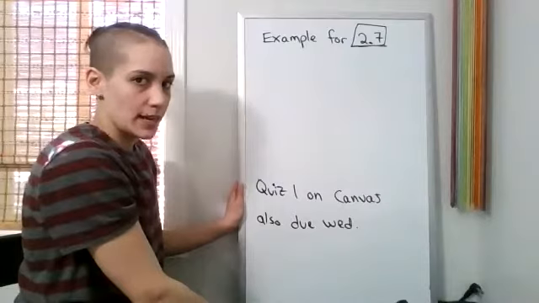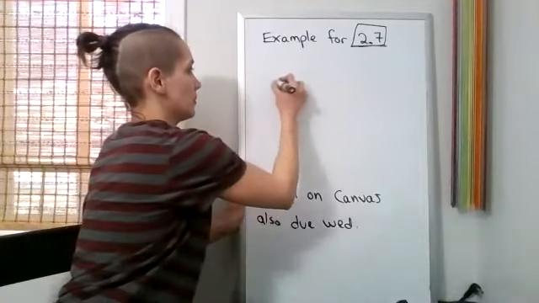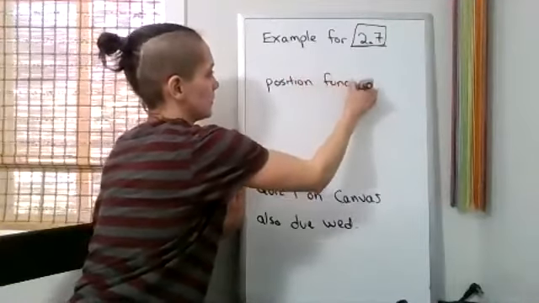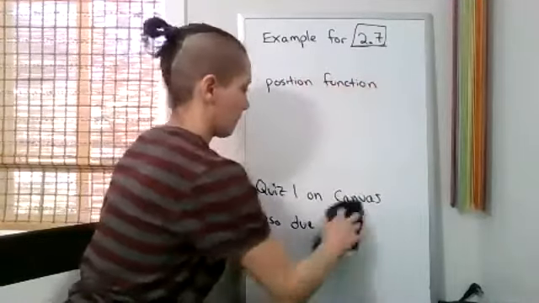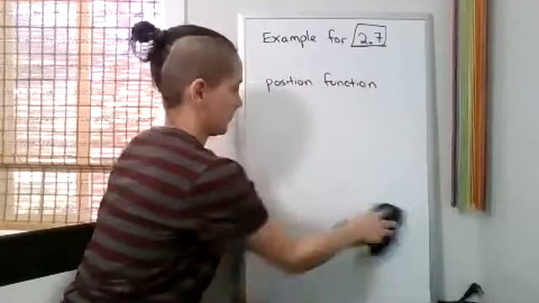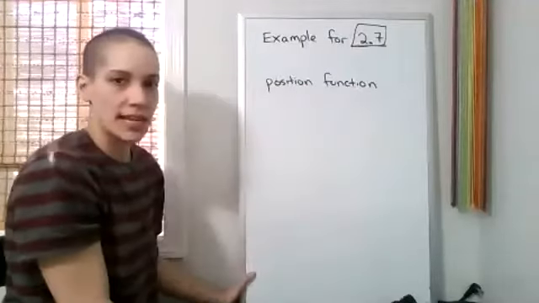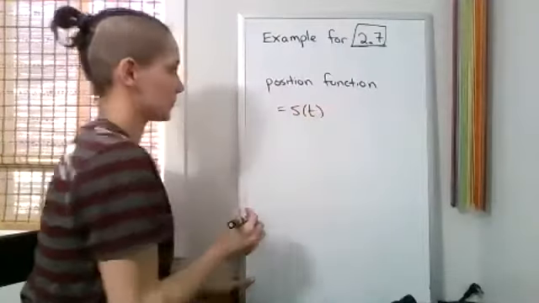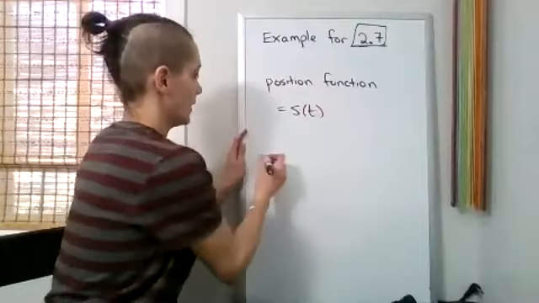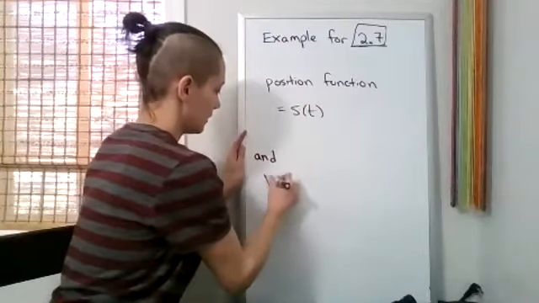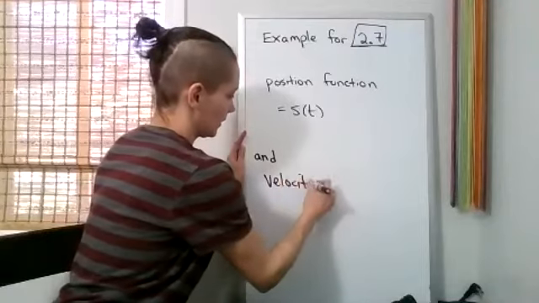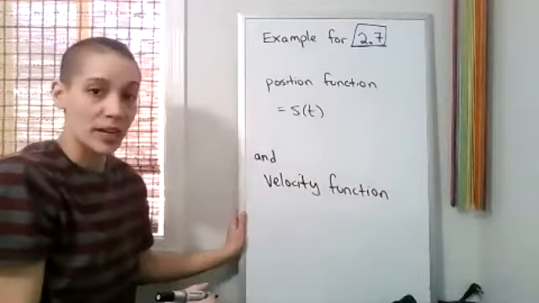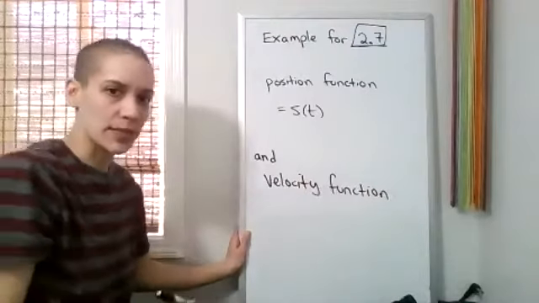All right, 2.7, last example. Just a reminder, I showed you that position function, which is usually called S of t. And the velocity function is S prime of t, the derivative of S with respect to t.